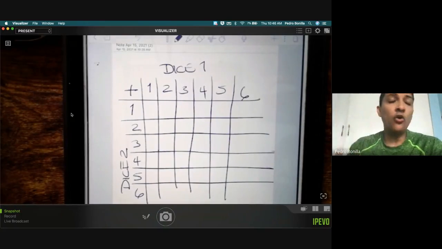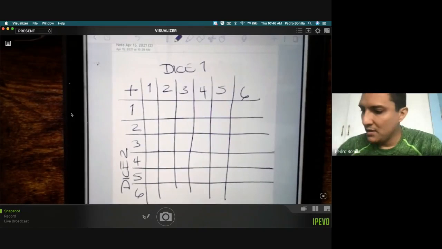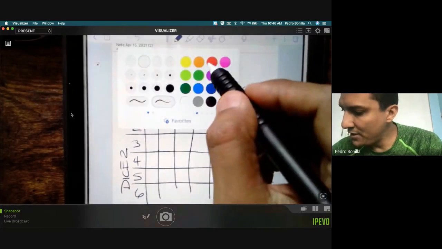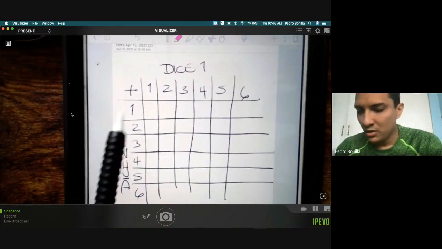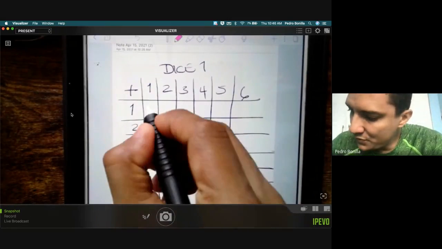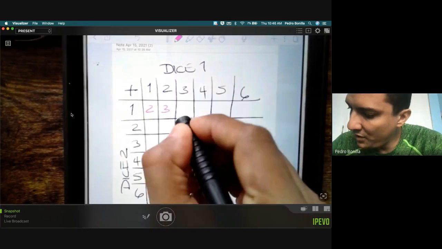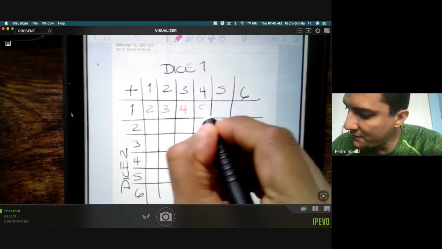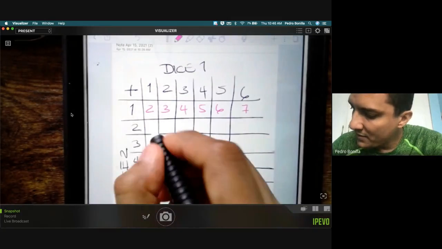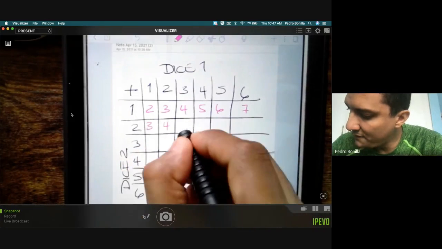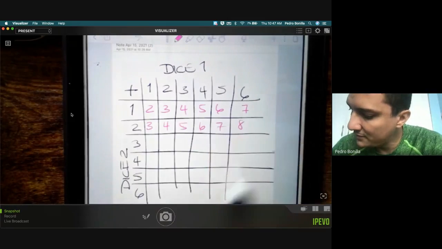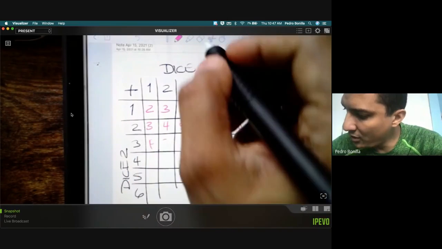Not always is addition. So in this case, now knowing that that is the operation, what I'm going to do is add. So 1 and 1, 2, 1 and 2, 3, 1 and 3, 4, 1 and 4, 5, 6, 7. Next one, 2 and 1, 3, 2 and 2, 4, 2 and 3, 5, 6, 7, 8. And I'm going to complete it now.